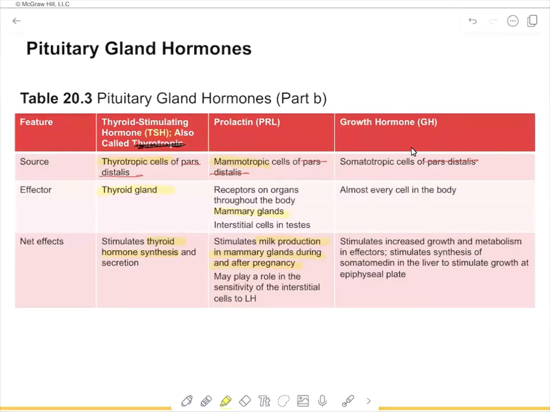Growth hormone affects almost every cell in the body, and it stimulates increased growth and metabolism. So, for example, it causes synthesis of another hormone in the liver to stimulate growth at what's called the epiphyseal plate. And the epiphyseal plate is the growth plate. That's important up until we become full adults.